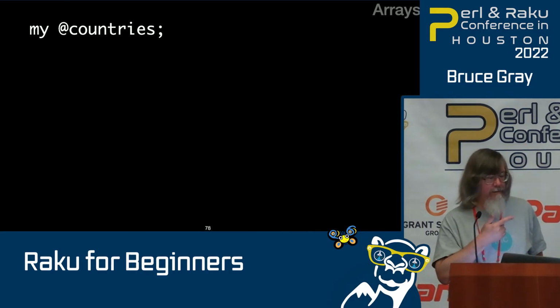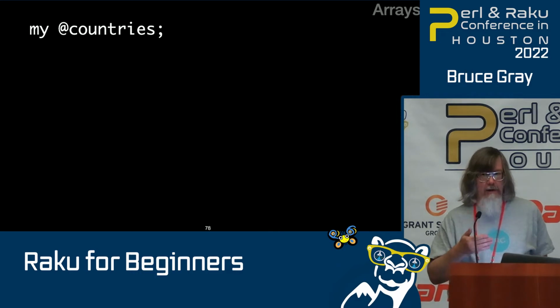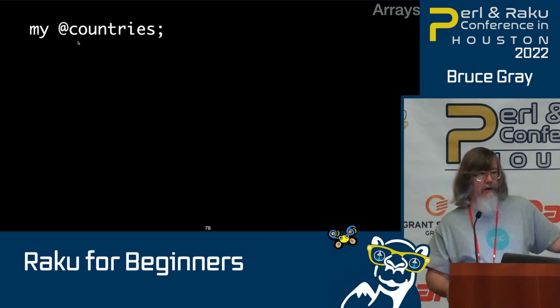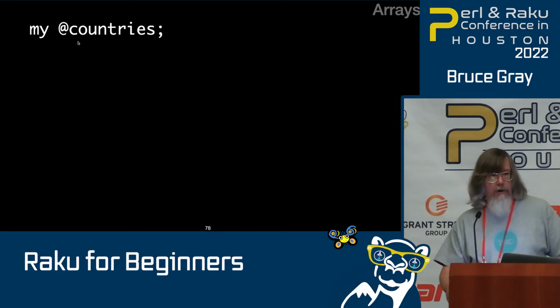An array is an ordered collection of scalars. The easiest way to get one is to just use an @ sign as the sigil in front of the variable. So this is a new sigil. We had $, a singular noun marker. @ will be a plural noun marker.